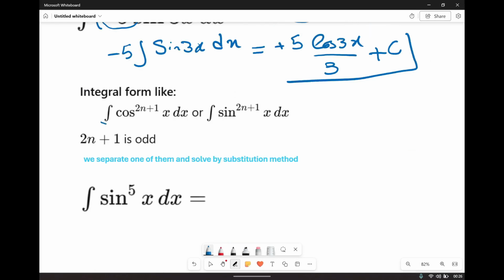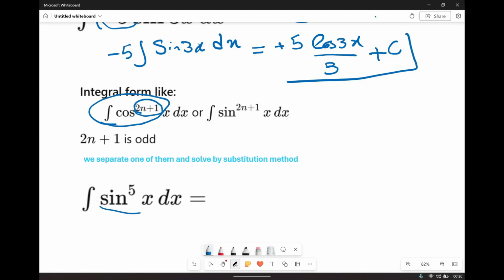If we calculate cosine or sine with an odd or even power, if the power is odd, our situation is a little better, because first we can separate them and after that take the integral. What's my idea? I'll tell you.